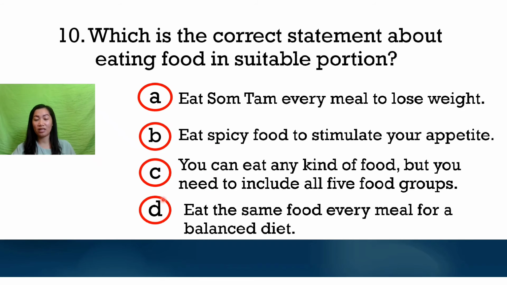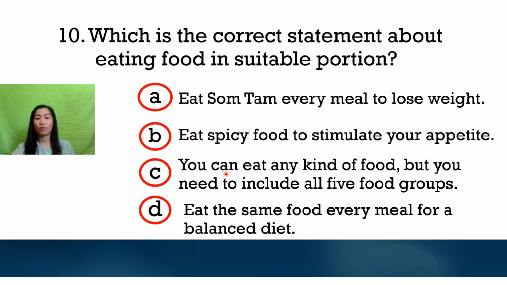How about letter C? You can eat any kind of food, but you need to include all 5 groups or the 5 nutrients that we can get in food. Or letter D, eat the same food every meal for the balanced diet.